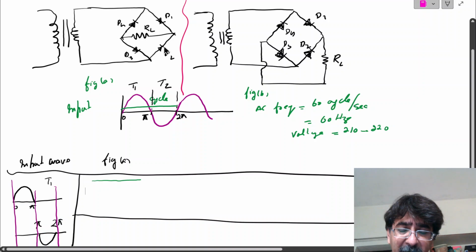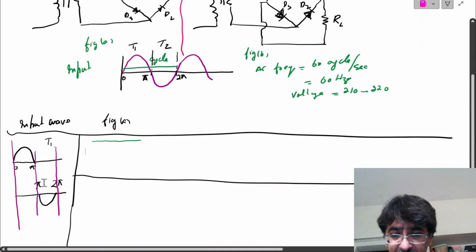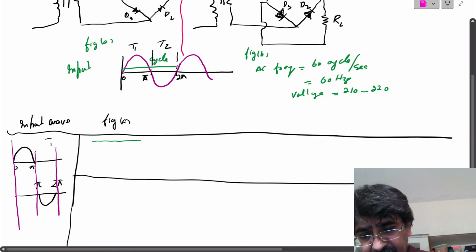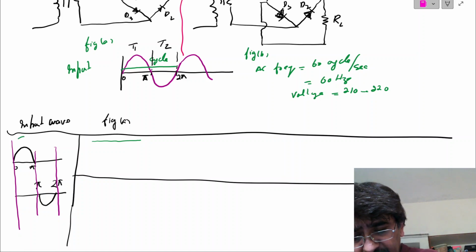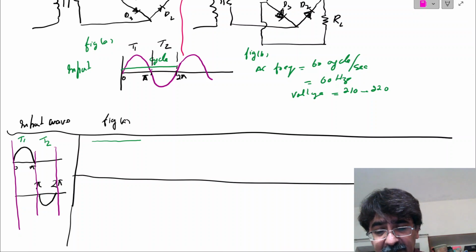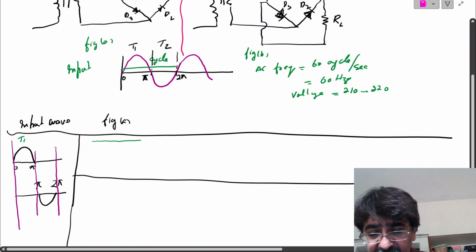That means D2 will behave like a reverse bias, an open circuit. The ripple reaches its maximum at pi by 2 and reduces to 0 at pi, but it remains a positive ripple for T1.